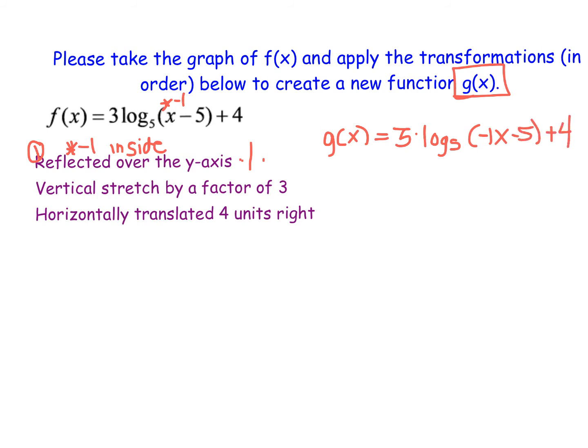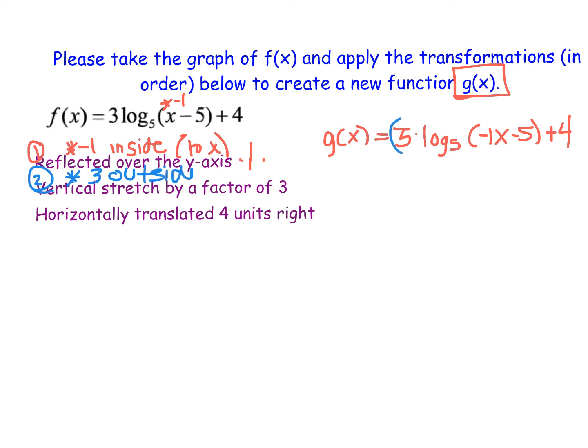So notice that when it's happening on the inside, it only happens to x itself because it's going to the most inside part and we're multiplying x by -1. Then the next thing we're going to do is we're going to vertically stretch the graph by a factor of 3. And remember, a vertical stretch is our a value, and it's a multiplication of 3 on the outside.